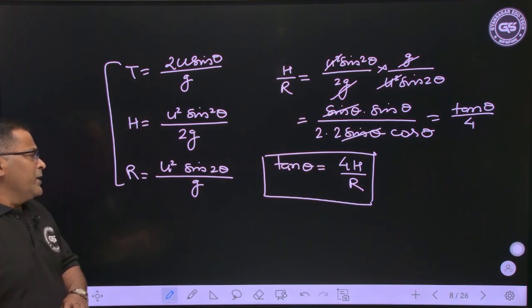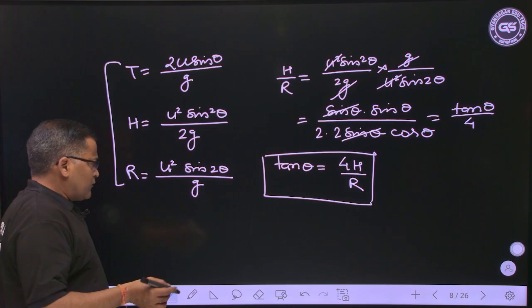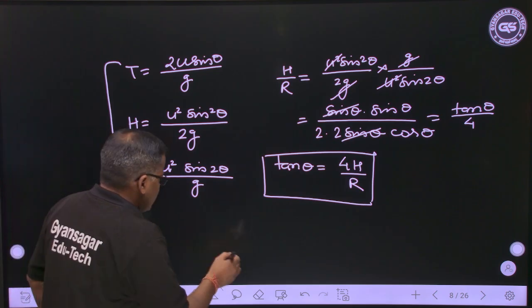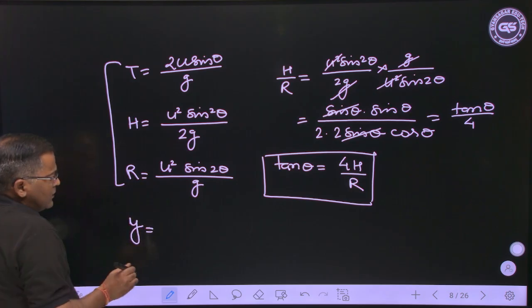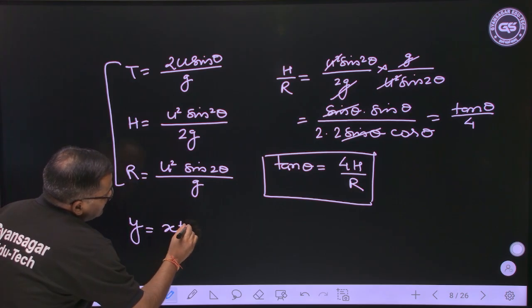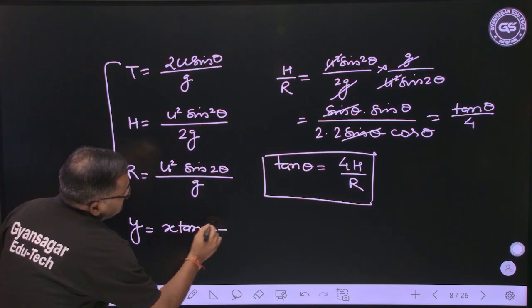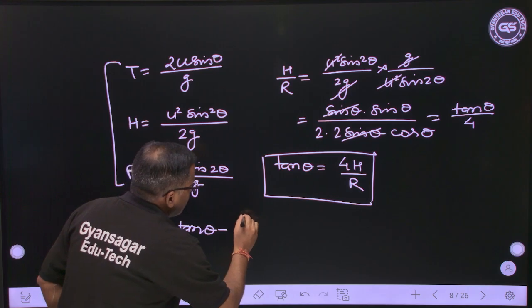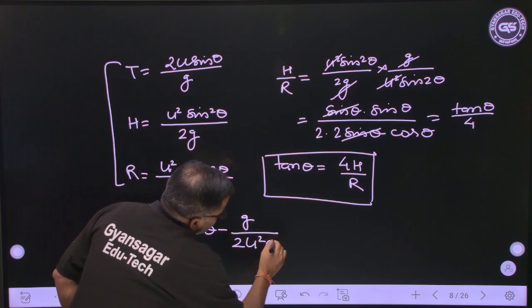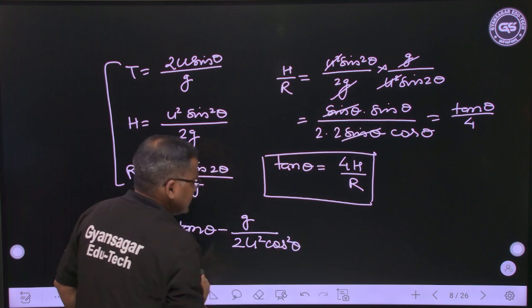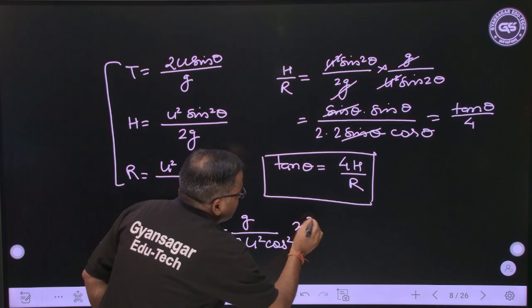Now, we are going back to the equation of y. We had found that y equal to x tan theta minus g by 2u square cos square theta x square.